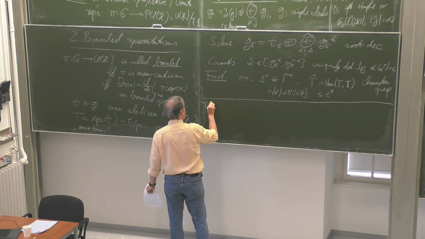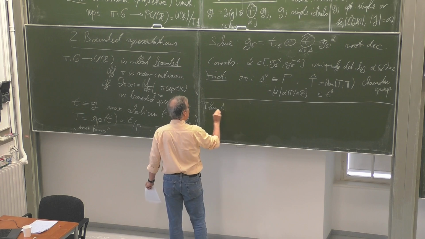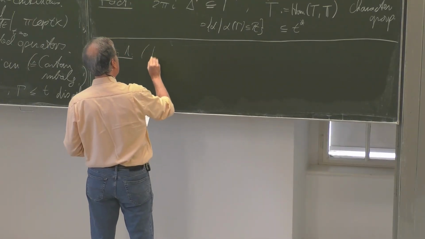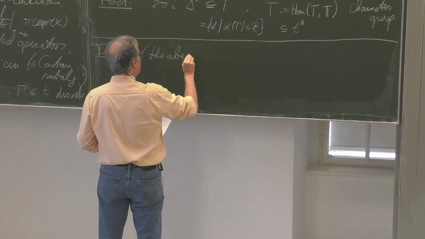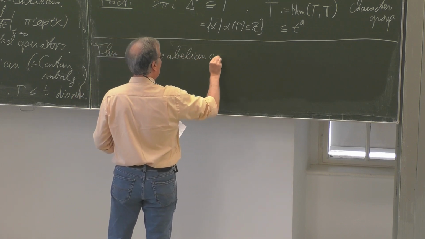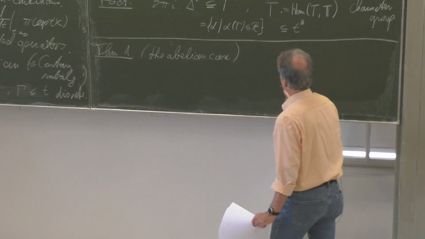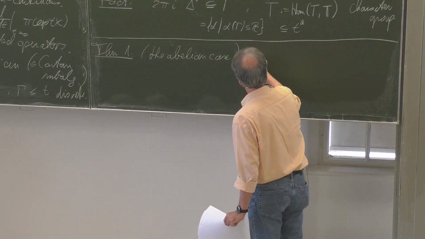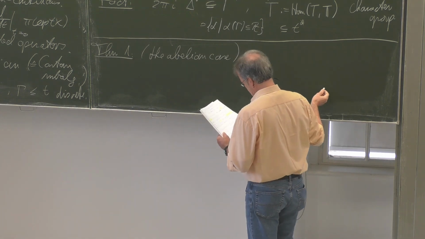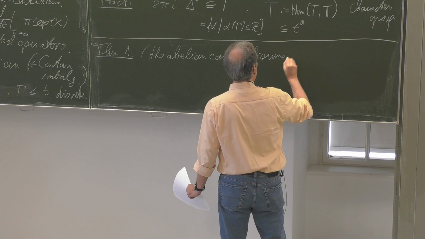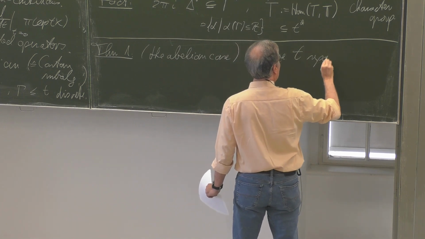But the first theorem I want to formulate here is about the abelian case. We are interested in bounded representations. So I want to say that, assume T is separable.